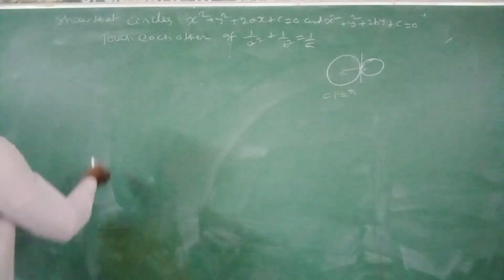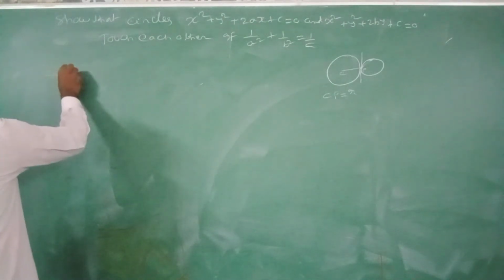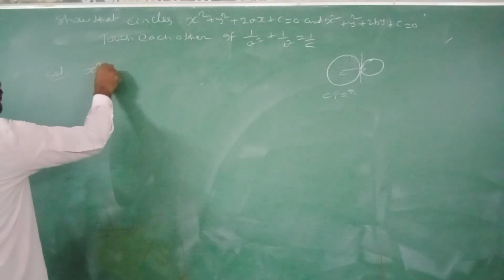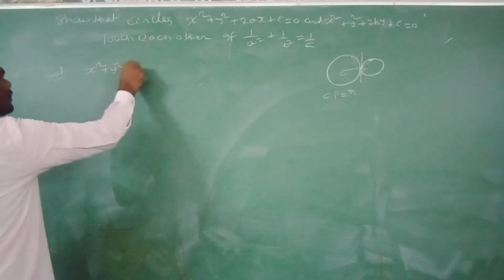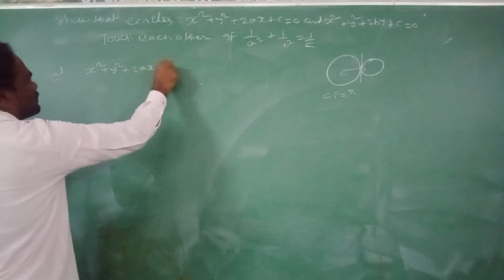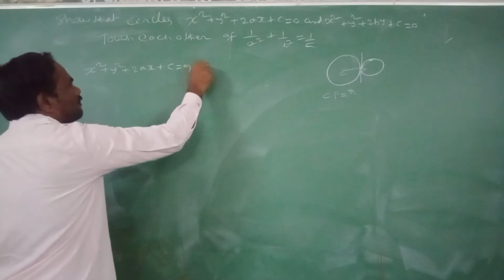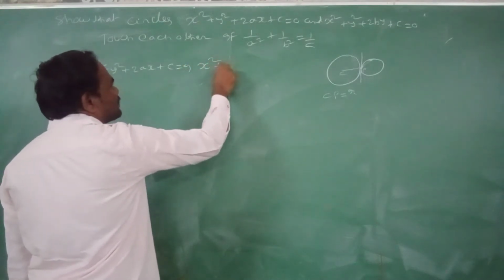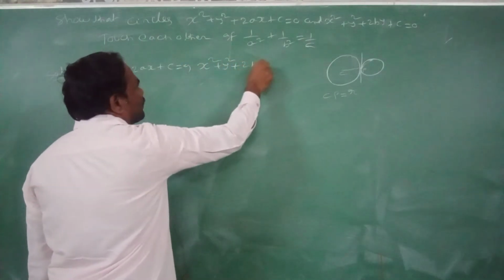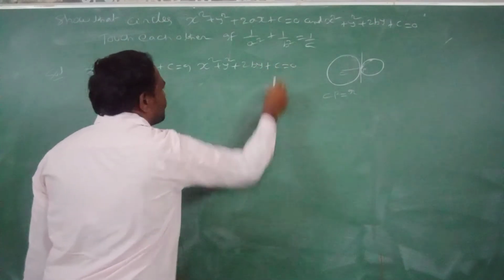The given circles are x² + y² + 2ax + c = 0 and the second circle equation is x² + y² + 2by + c = 0.